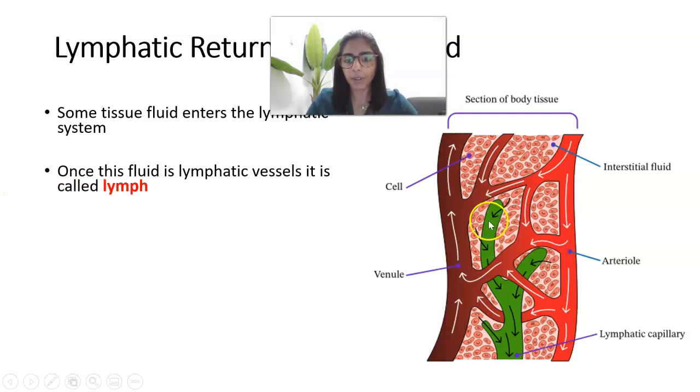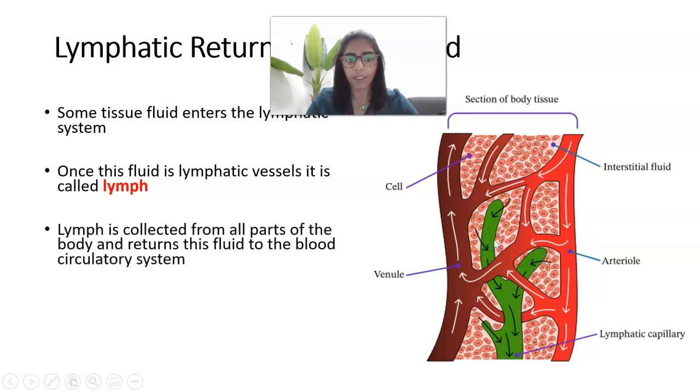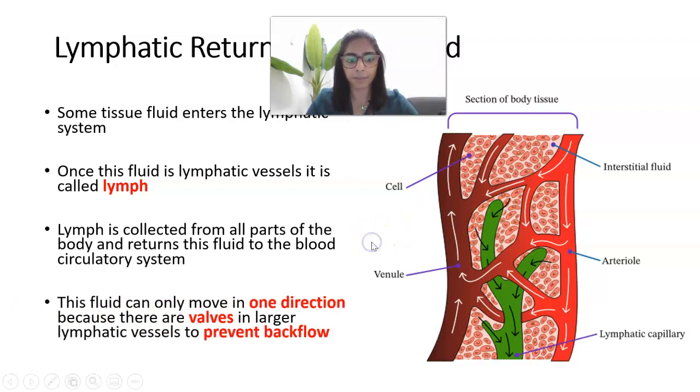Once that tissue fluid enters the lymphatic system, we now call it lymph. So this lymph will end up being collected from various parts of the body, and eventually that will be pushed back into the circulatory system.